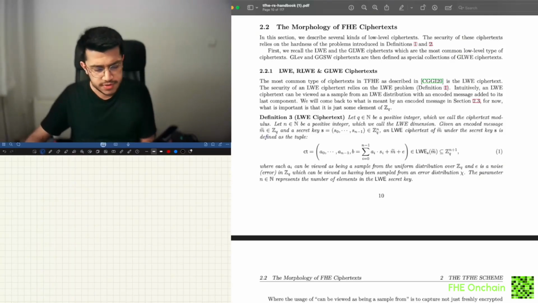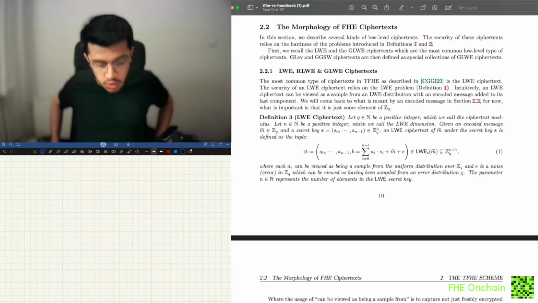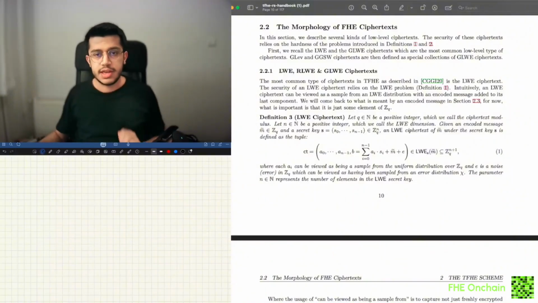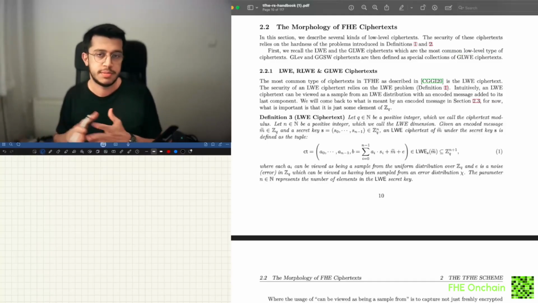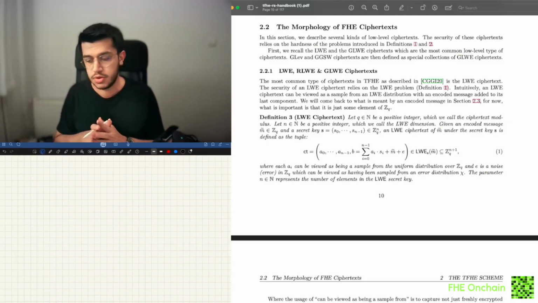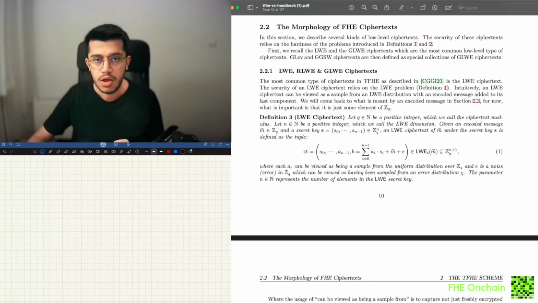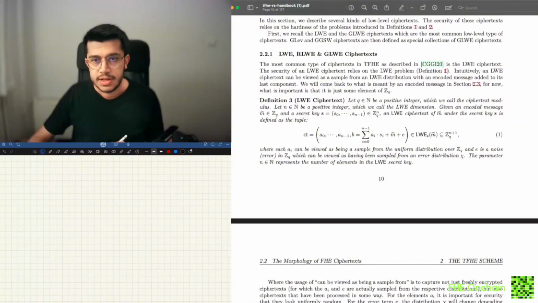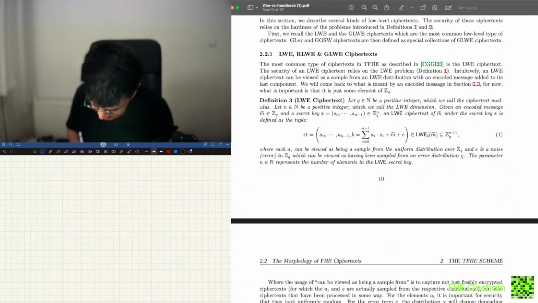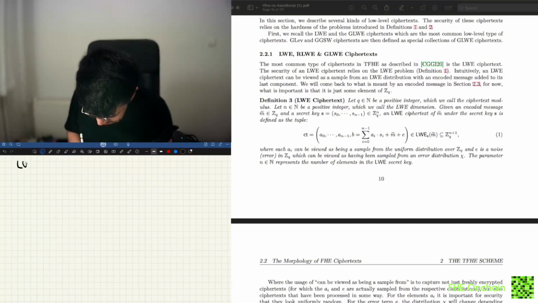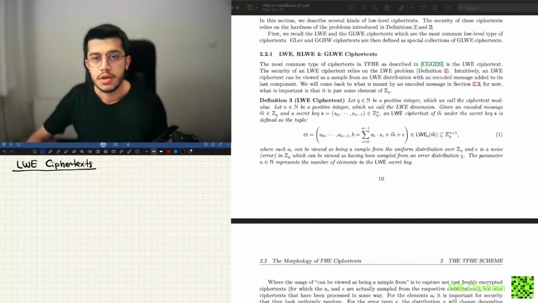The morphology of ciphertext, FHE ciphertext. So we don't have only LWE or RLWE in TFHE, but all of them are going to be based on LWE. So let's start with the LWE ciphertext.